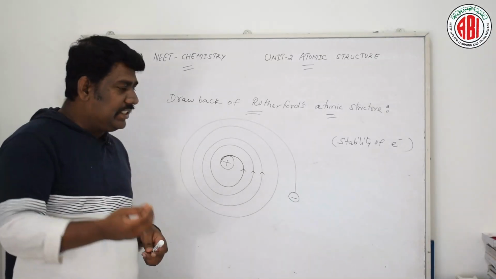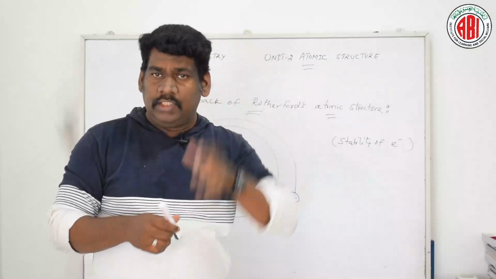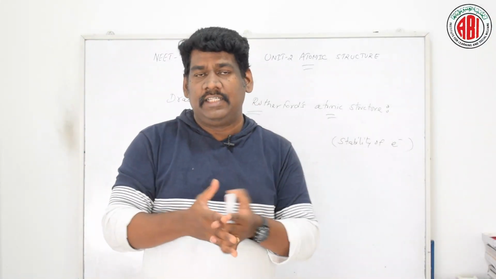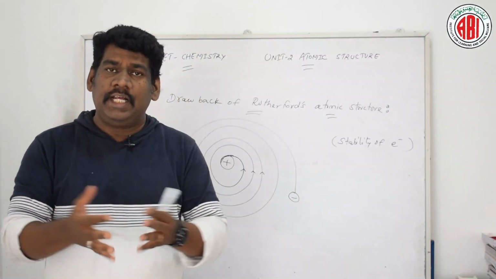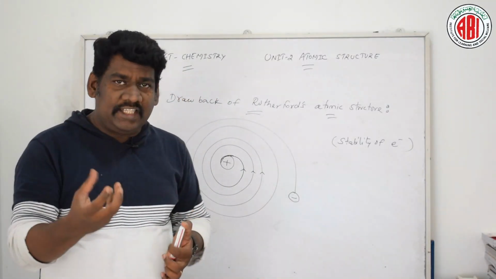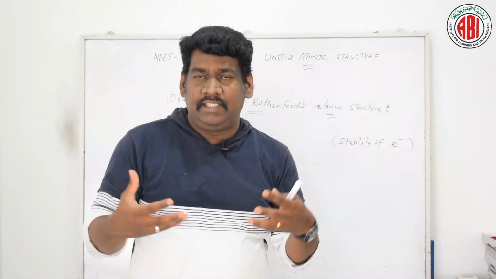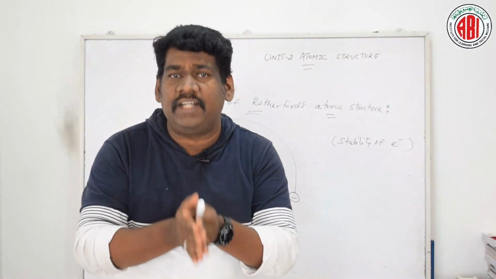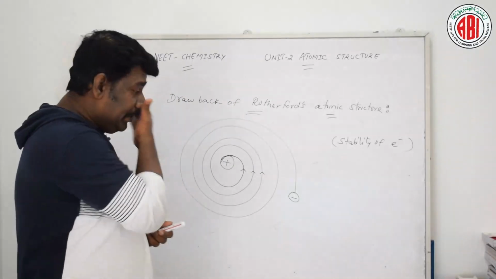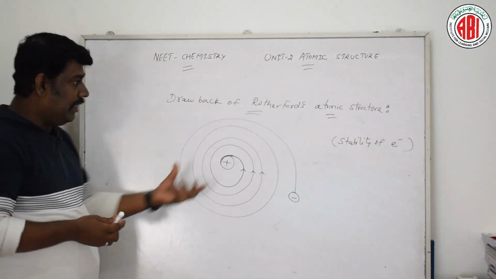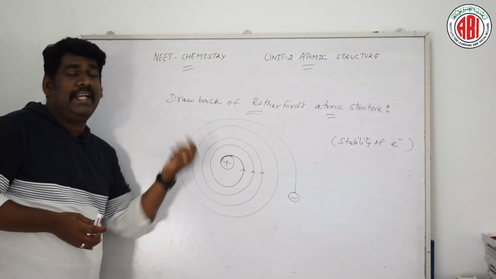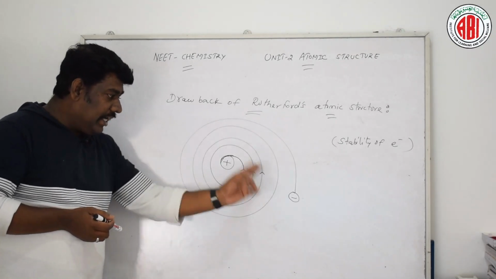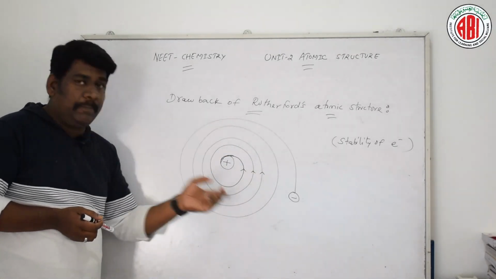Say for example, any charged particle moving under the influence of attractive forces, such as a centrifugal force, loses its energy continuously. In that case, according to Rutherford's planetary model of atomic structure, the electron is revolving around the nucleus in a circular path called an orbit.